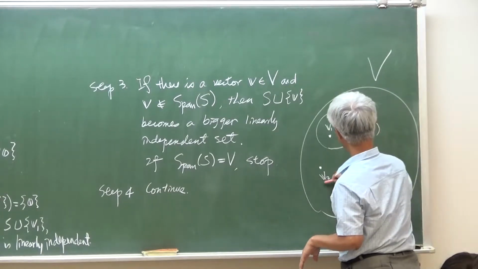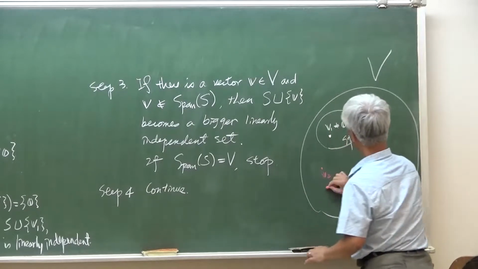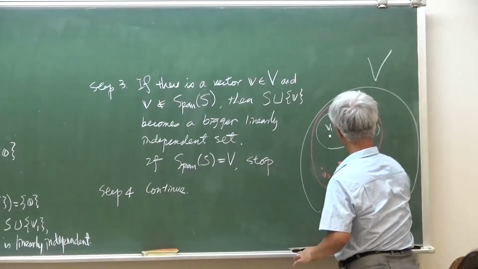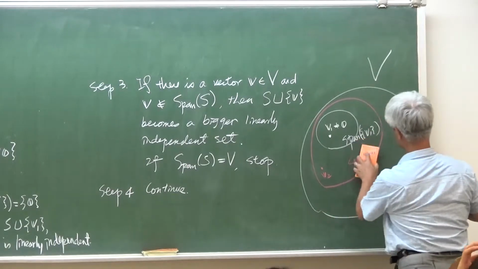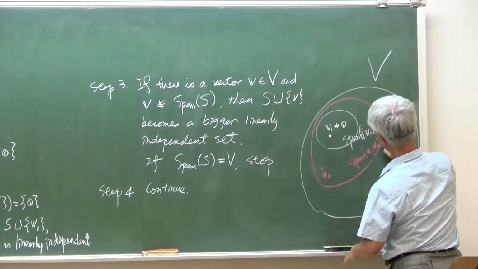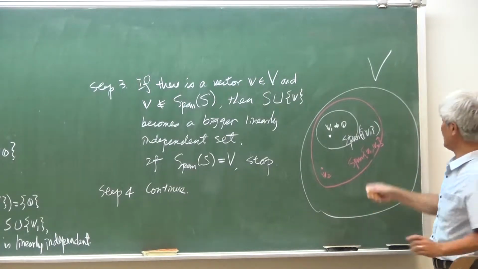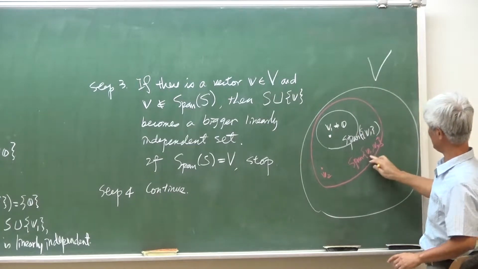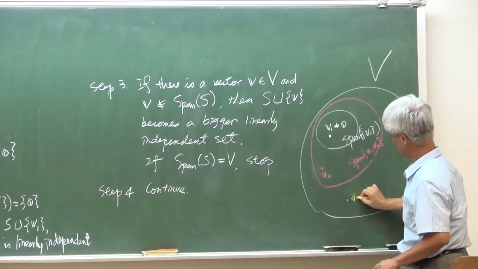Now, let me use a different color. Now we have a bigger span, the span of V1, V2. That's bigger. Then we find that the span of V1, V2 is not equal to V, so we are able to find V3 here.